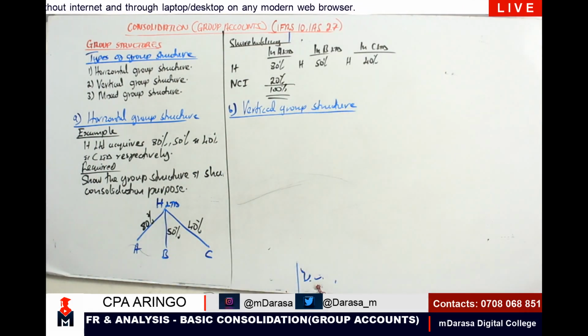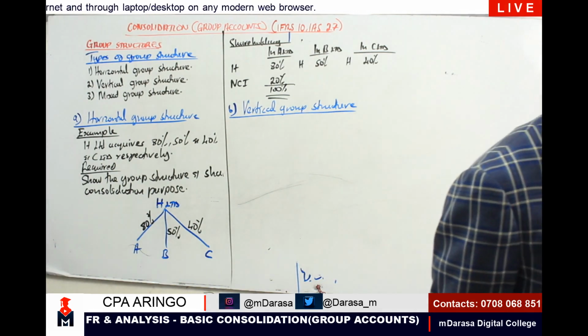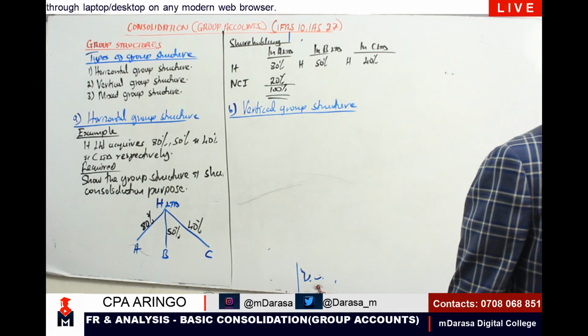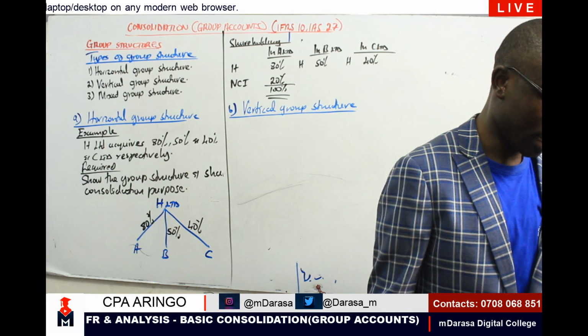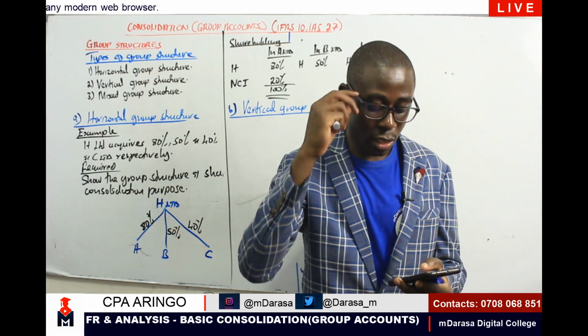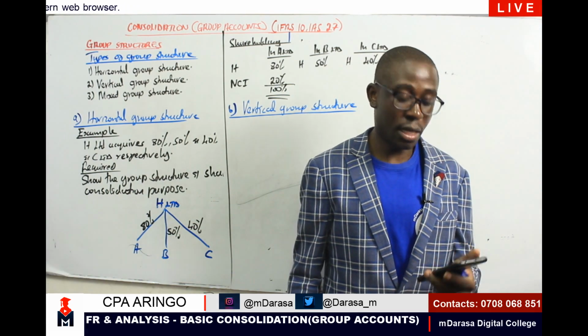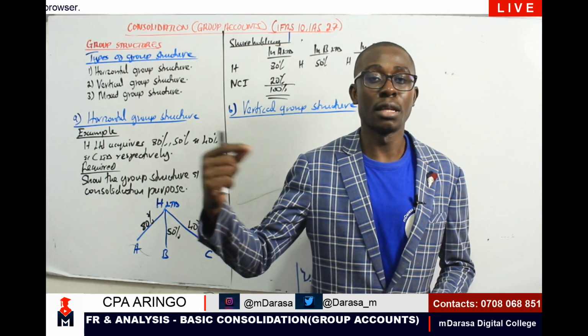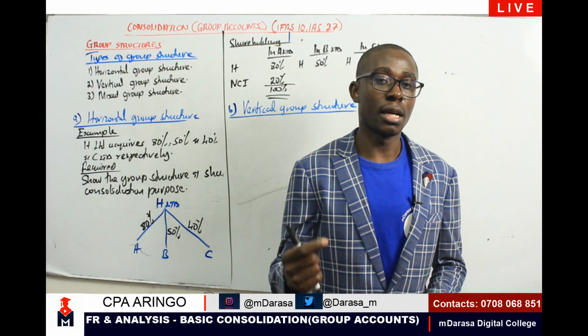So for vertical group structure, my good students, basically here, we will be looking at a case where a vertical group structure exists, where a subsidiary company has a direct control in another subsidiary company. Talk about sub-subsidiary. Understand that concept clearly.